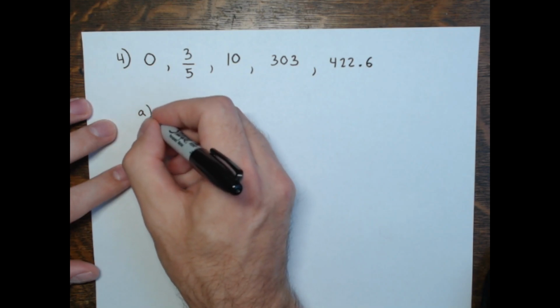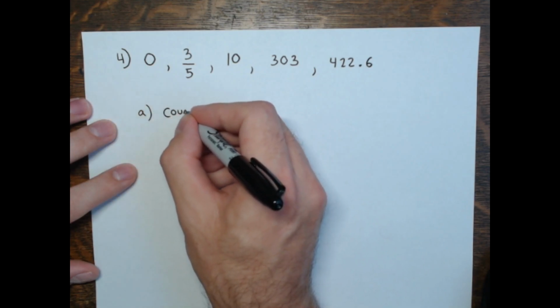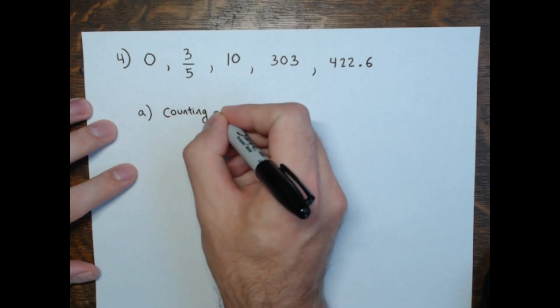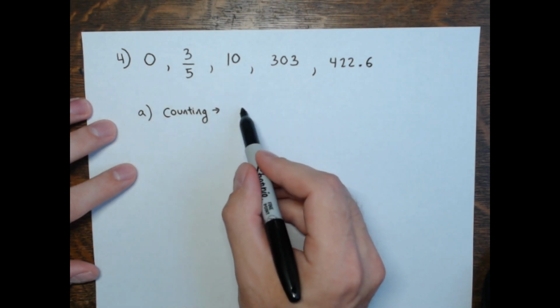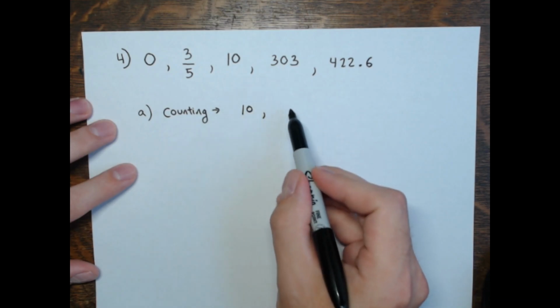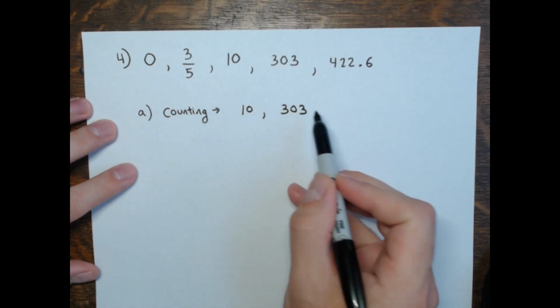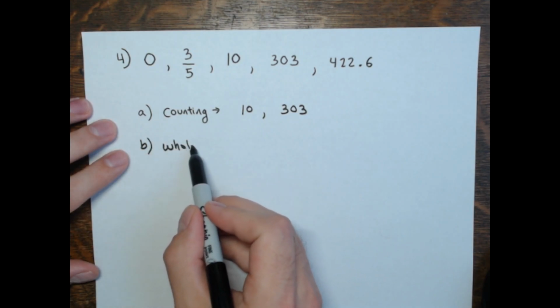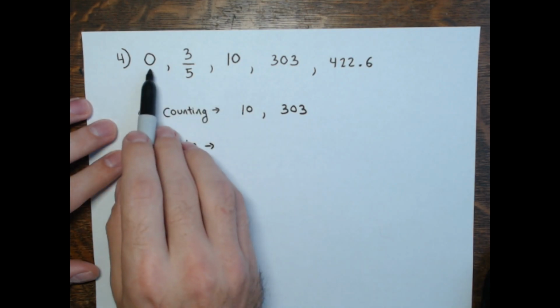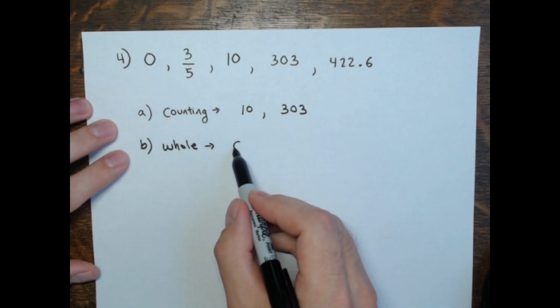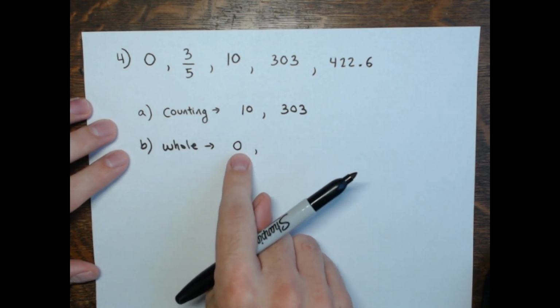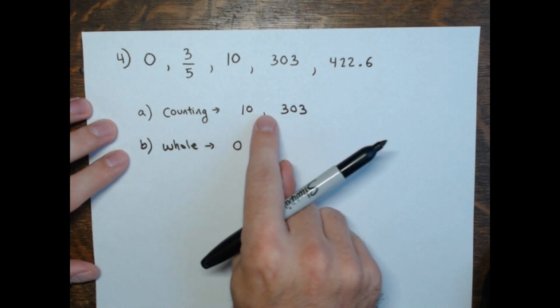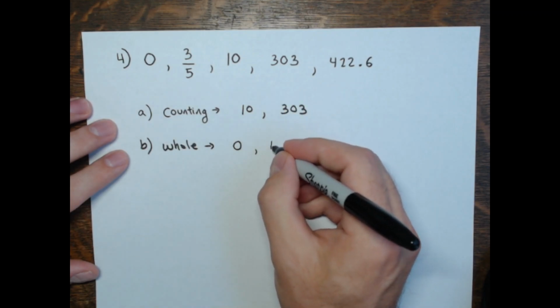All right, so part A, the strictly counting numbers in this list are 10 and 303. And then part B, the whole numbers in this list. 0 is whole, but not counting, right? So 0 again. And then all the counting numbers are whole numbers, right?